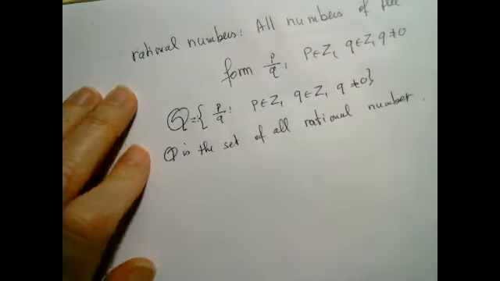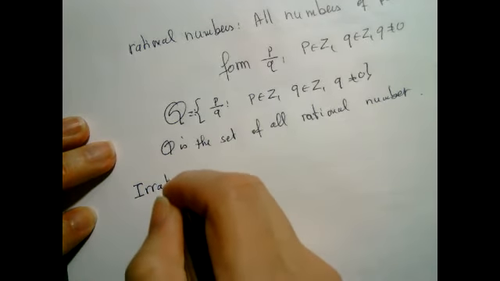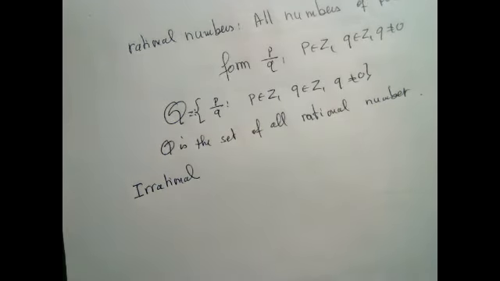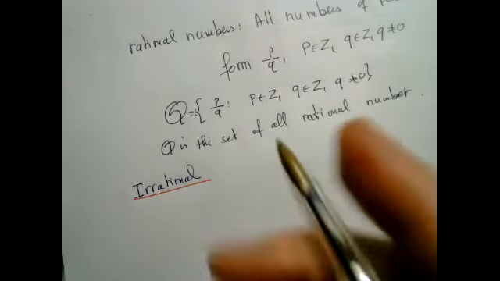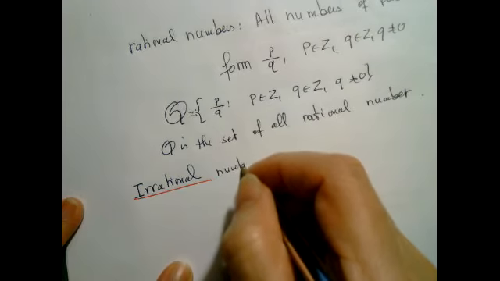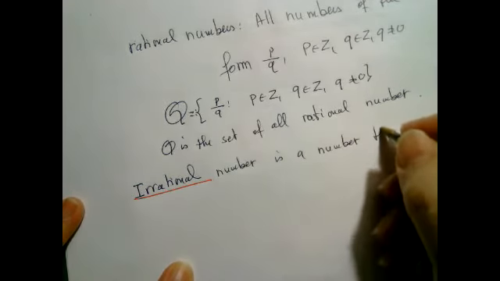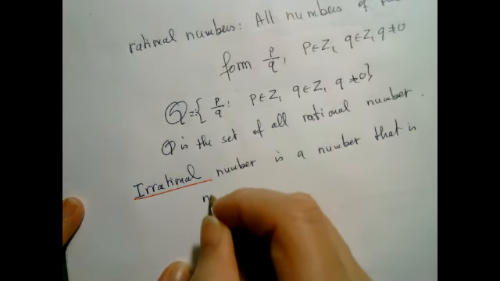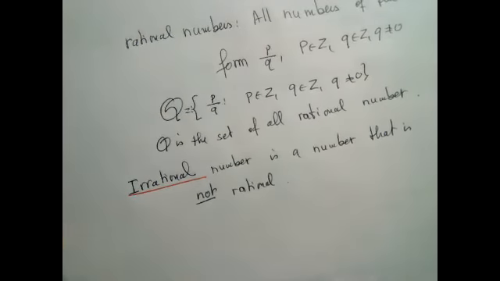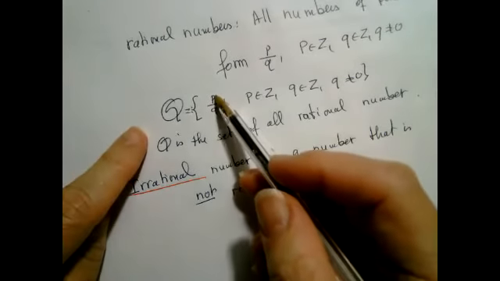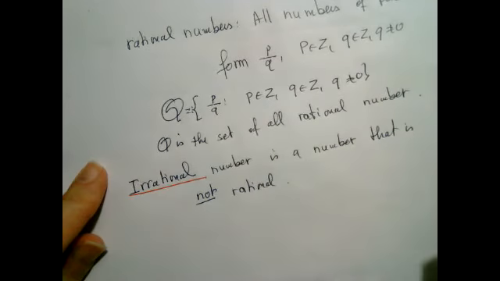Now, irrational number. An irrational number is a number that's not rational. Not rational means a number that there is no way I can write in the form p over q, where p and q are integers and q is different from 0.